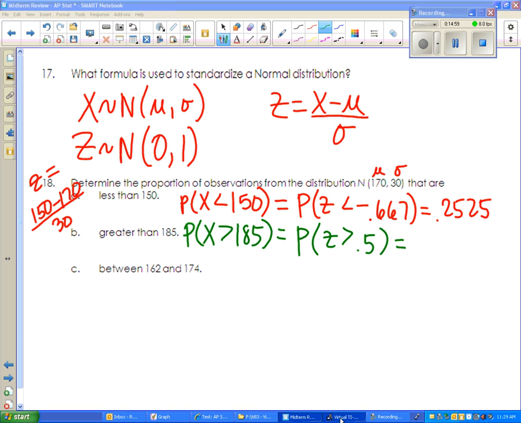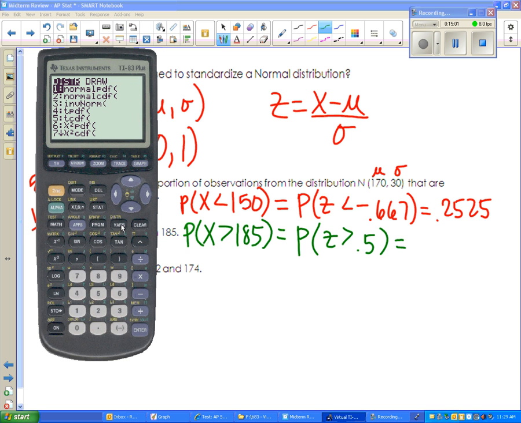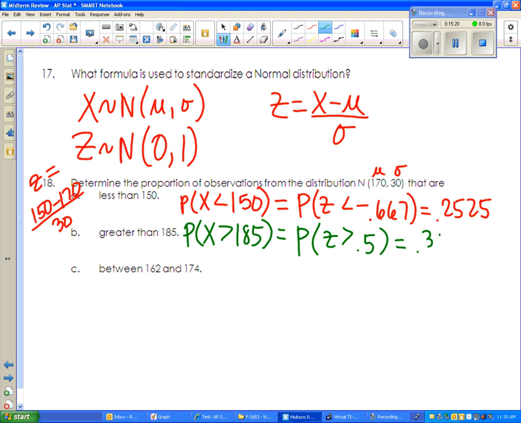To put in the probability, again we do second vars, where my distribution options are, and choose the normal CDF. This time I have a lower bound of 0.5, and since I'm looking at all the values greater than that, my max is infinity. I can't type that in, so I type in 9999999, and I get an area of 0.3085.